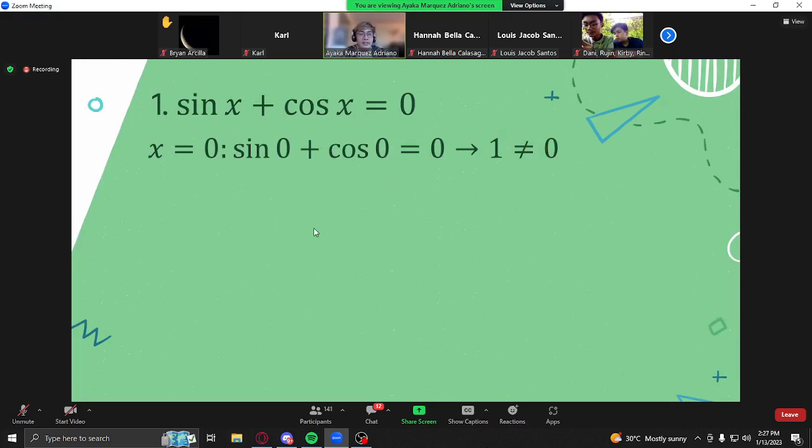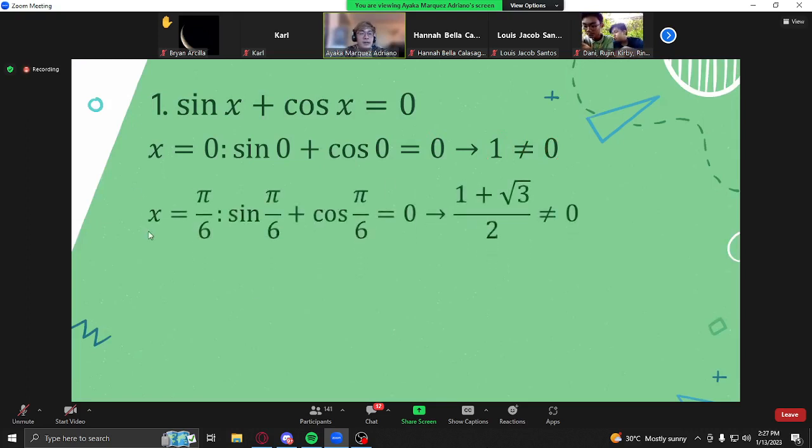Let's have another trial and error method. Let's have x is equal to pi over 6 radians or 30-degree angle. So if you are in the degree mode, you can use sine 30 plus cosine 30. To those calculators in the radian mode, you can use sine pi over 6 plus cosine pi over 6.